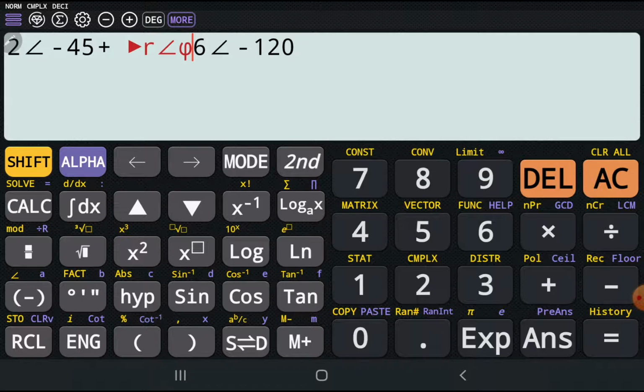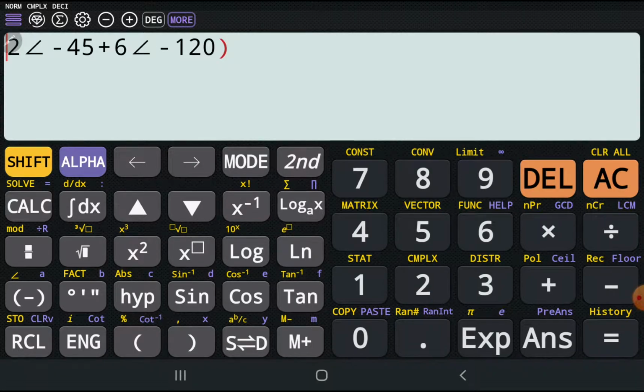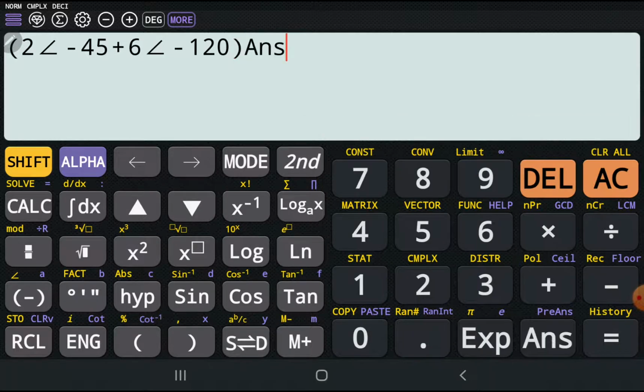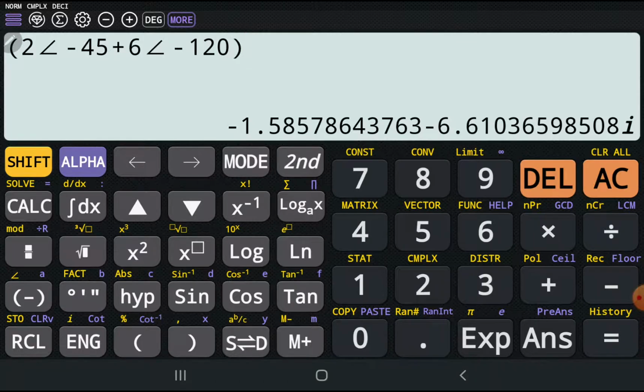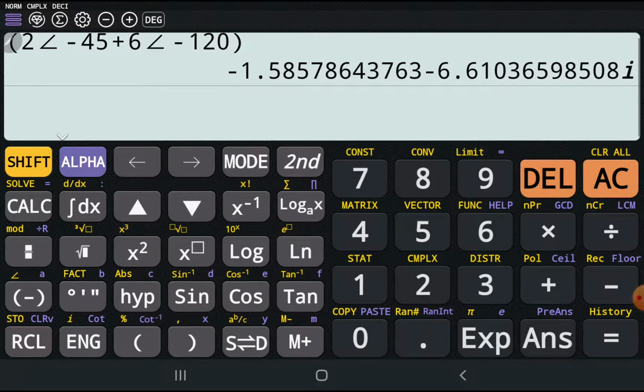Okay, let's delete this one. So I will have an open and close parenthesis. I would use the answer, which is equal to 1.5. I will just first store it. Shift store at A. Okay.